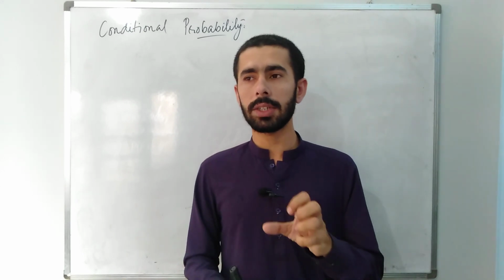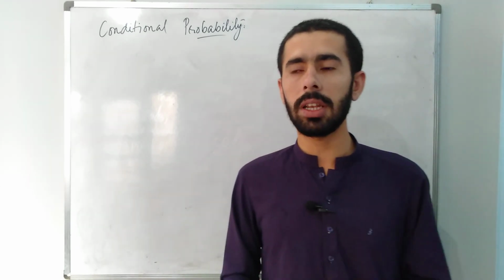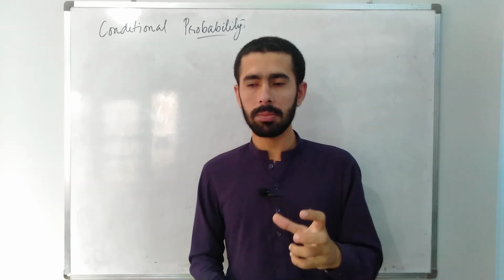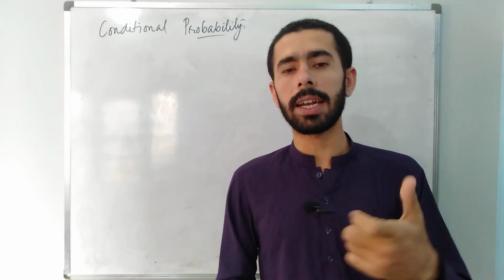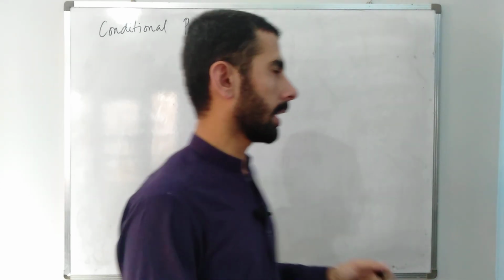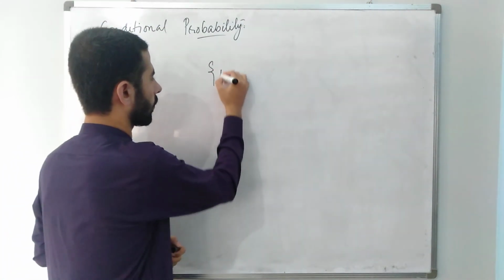So let us start with some example. Say, for example, I am rolling a die, so I know the outcomes of the die: either I would get 1, 2, 3 or 4, 5, 6.